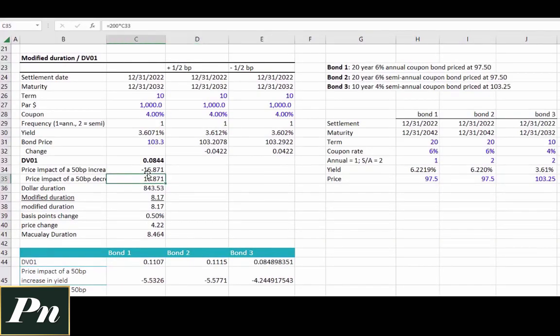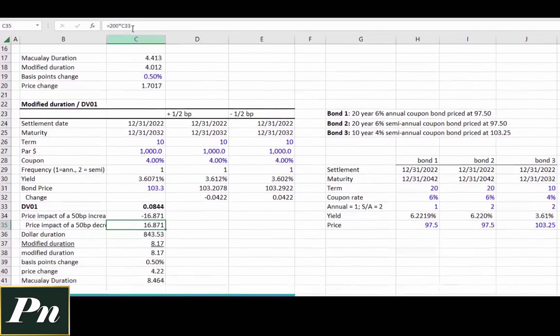This is precisely what we did here. We calculated the basis point times our dV of 1, which is our modified duration times the price. If you recall how the dV of 1 is calculated, it pulls in this information, and calculates it seamlessly this way. This is our linear calculation.